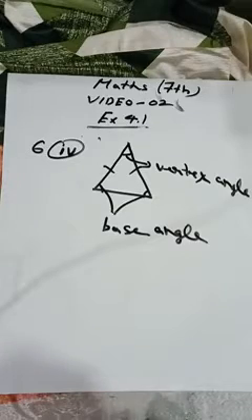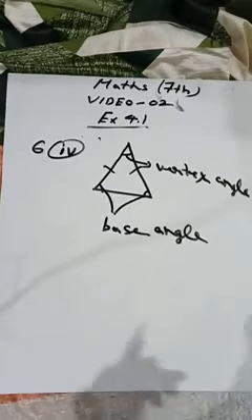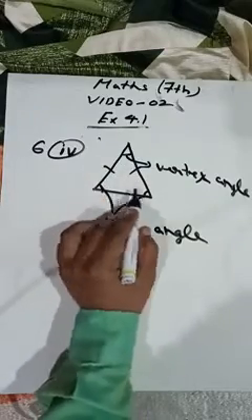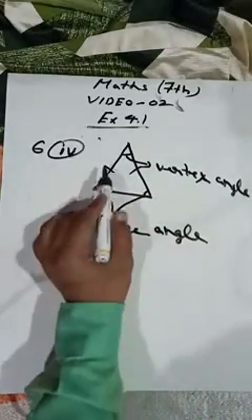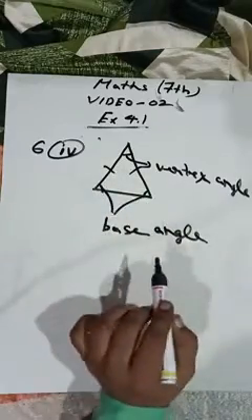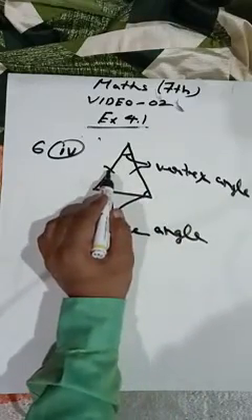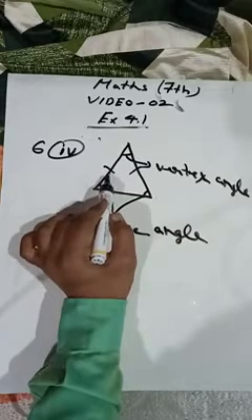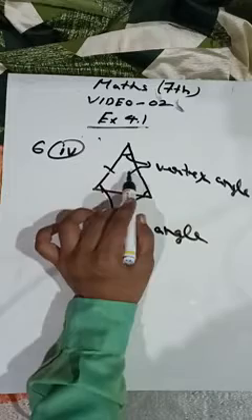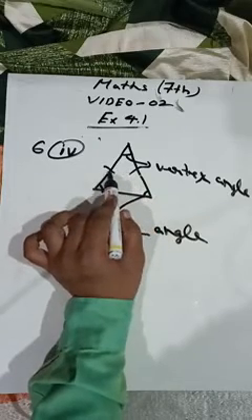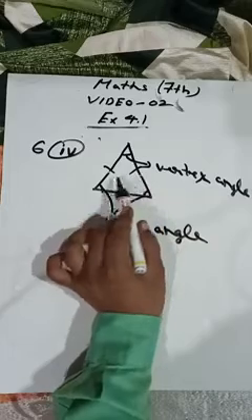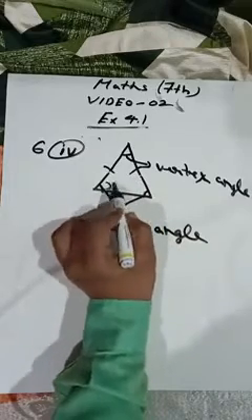So we have to form an equation. See, the base angle is not given. Since two sides are equal, its two angles will also be equal, the angles opposite to the equal sides. Opposite to this side is this angle, and opposite to this side is this angle. They are equal. Let's take it as x.